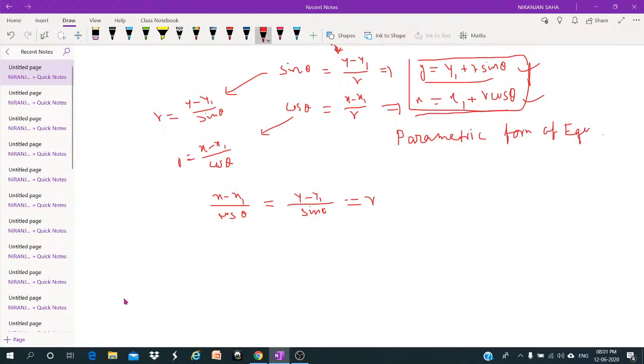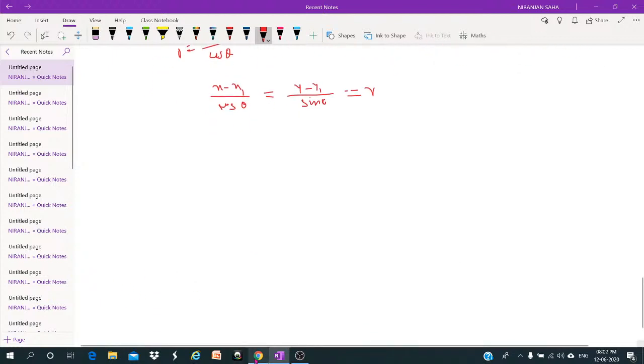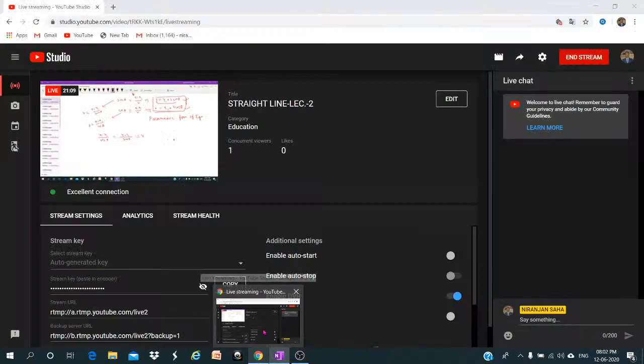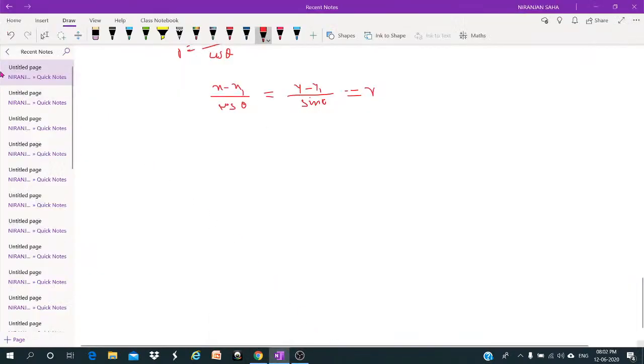Here also an important condition: when three straight lines will be concurrent, means they must pass through a single point.